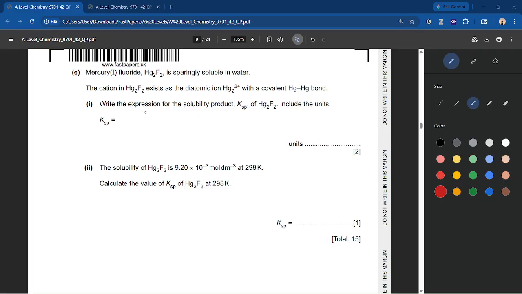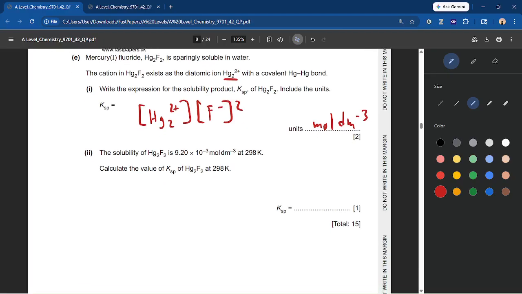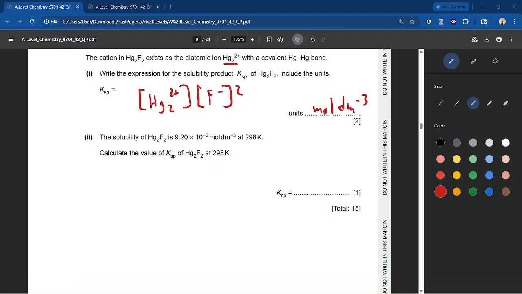So units obviously we know is going to be mol per dm cubed. Because we've got Hg2 2+ over here, we're going to put Hg2 2+, and fluoride with its negative charge, and remember you've got 2 ions of that, so there you go.